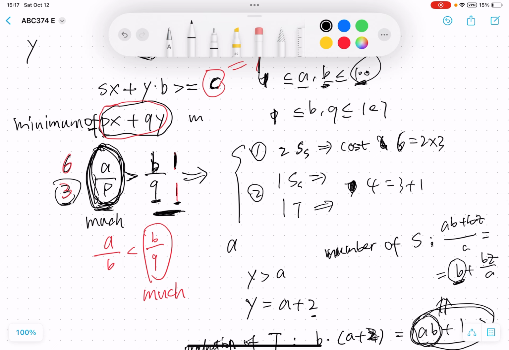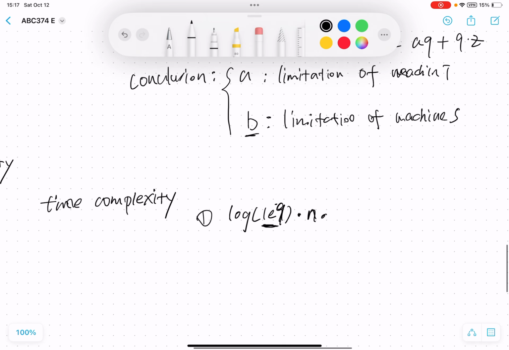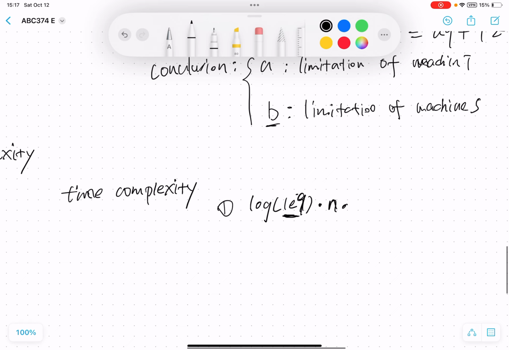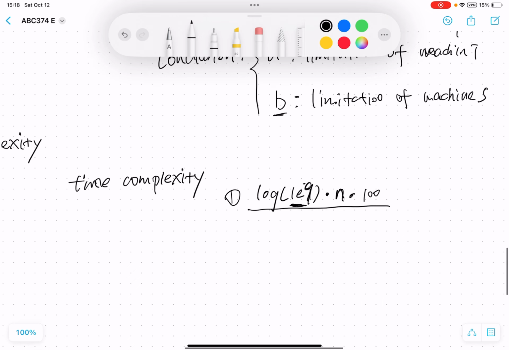That means we can try every situation for the number of the non-best machine, and give the remaining capacity to the other machine. So the number of situations we need to loop is 100. So this is the time complexity of this problem.